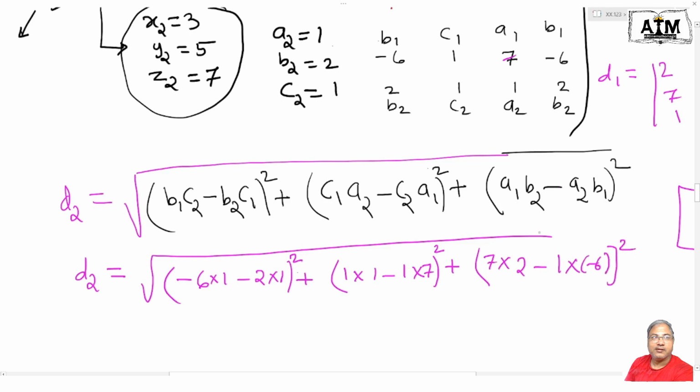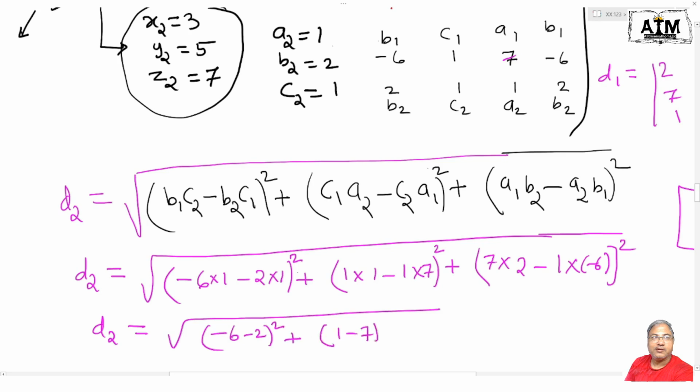Again, whole square. Simplifying this, we get d2 equals the square root of (-6 minus 2) whole square plus (1 minus 7) whole square plus (14 plus 6) whole square.